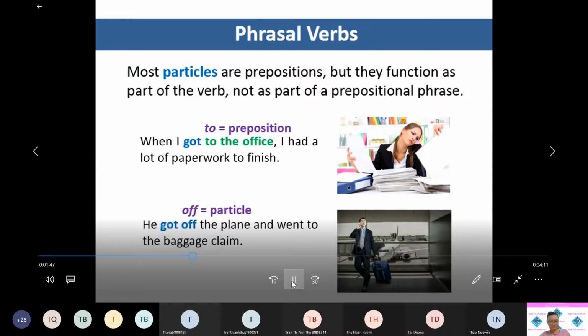How does adding off change the meaning of get? In the context of the first sentence, get on its own means to arrive. In the context of the second sentence, the phrasal verb to get off means to leave a form of transport, such as a bus, train, or plane. Get and off work together as a phrasal verb with a different meaning.